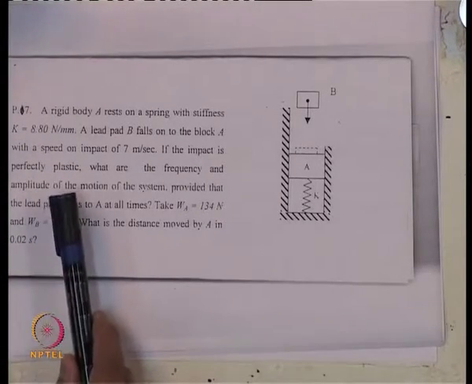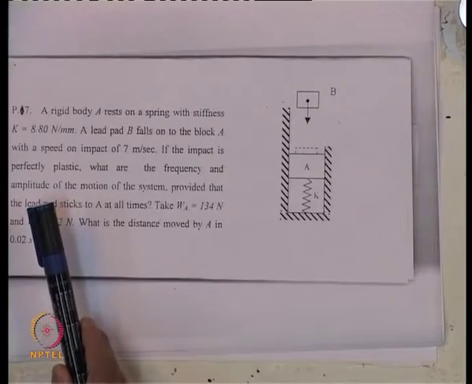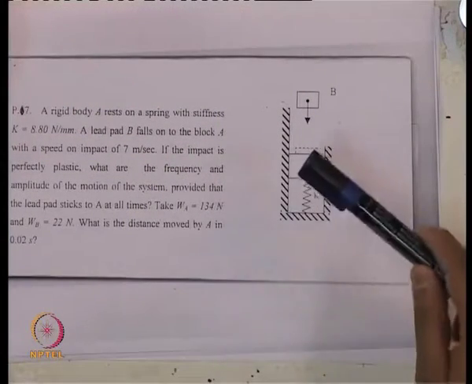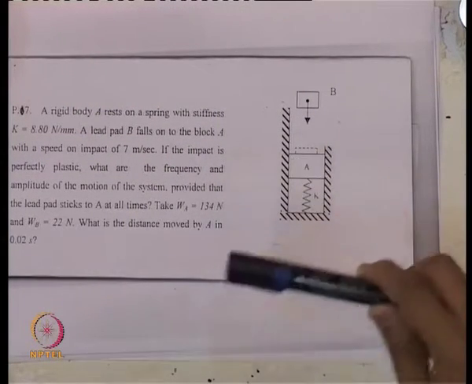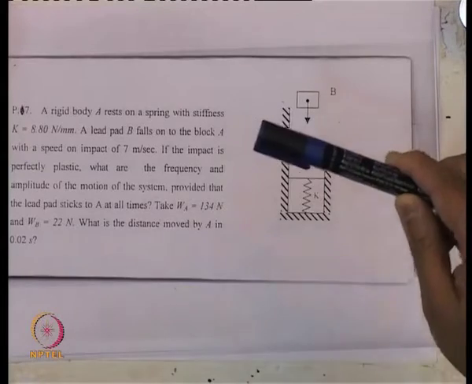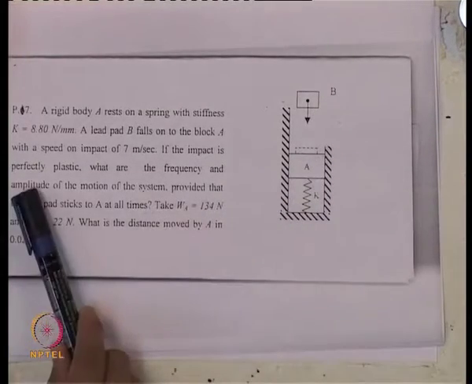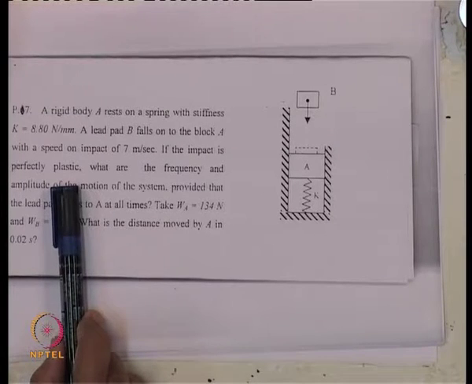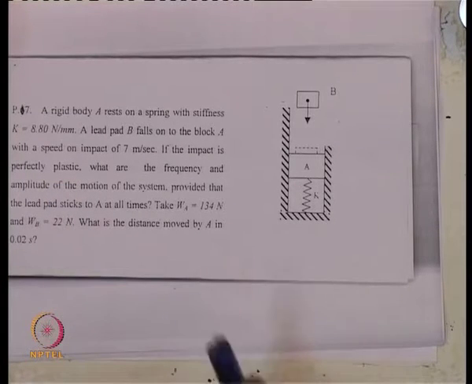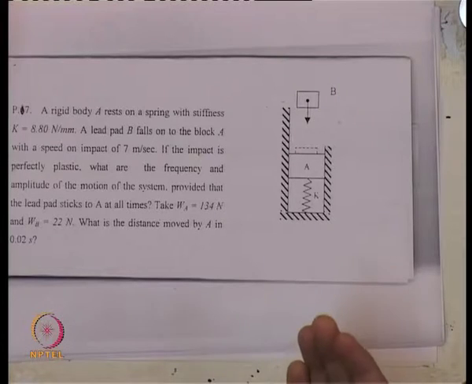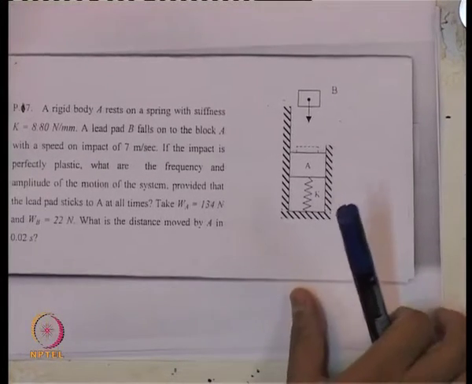The impact is perfectly plastic. That means, after the impact, the lead pad B does not bounce back. It sticks to rigid body A. There is no elastic component, nothing comes out, it does not bounce back. That is the meaning of perfectly plastic.